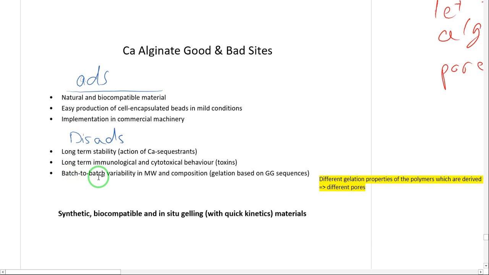So you know that for the formation of the calcium alginate gels, we use polysaccharide sequences, but sometimes the sequences of the polymers that we are going to use are the same, and sometimes they are not, so the properties of the gels are going to differ compared to each other.